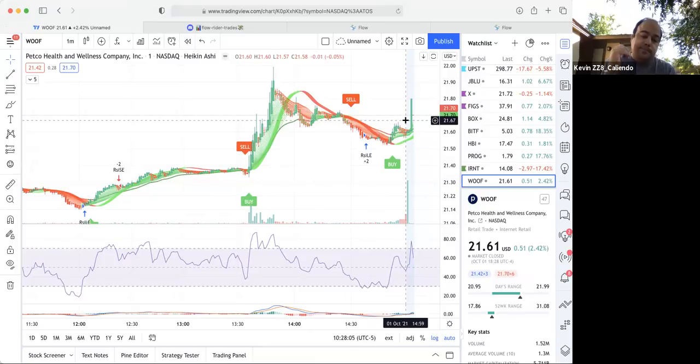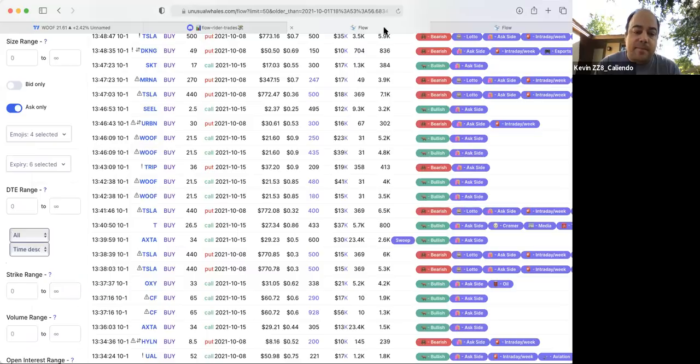If this were to sell off at open, I definitely might look to enter, buying the same contracts that the whales are buying. So 10-15, 21.5, slightly in the money, but again, it dipped back down. So there's a decent chance that they're going to pull this back up again. It depends on market conditions, and you always want to manage your risk. But that's how I make my lists.